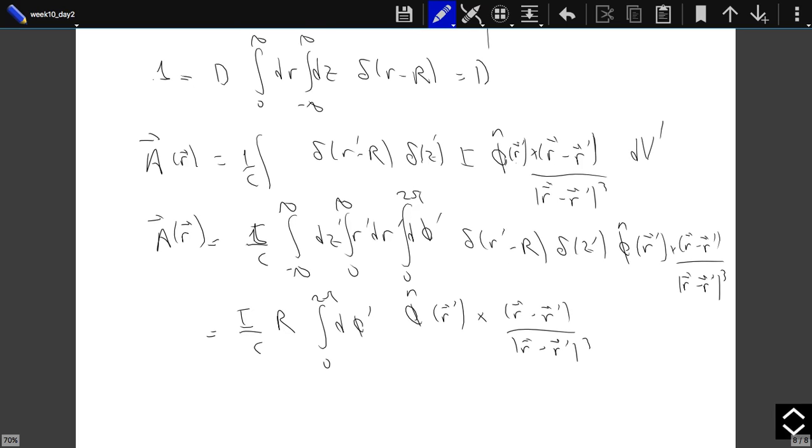Of course, now this point r prime has the radial coordinate equal to capital R and the z coordinate equal to 0. So this is A.